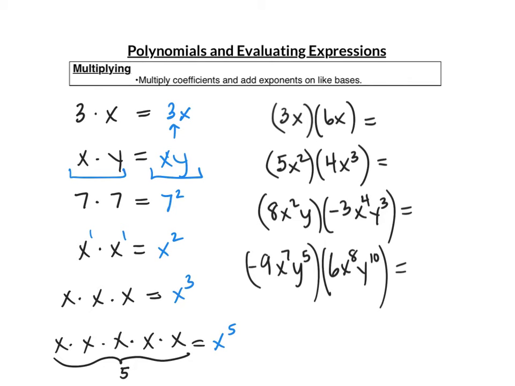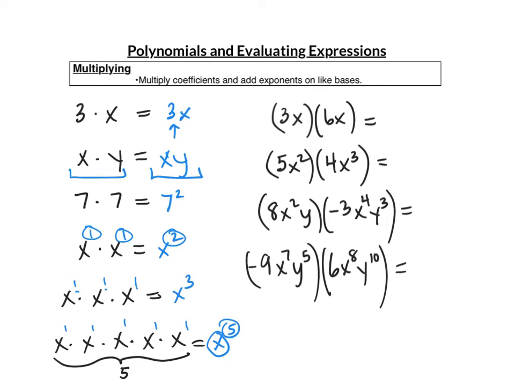If there is no exponent on a number or a variable, it's always a 1. Anything to the first power is itself. And notice that 1 plus 1 made 2, and here there were 3, and below at the bottom there were 5. You add the exponents on the same base. The x is the base, and the 5 is the exponent.